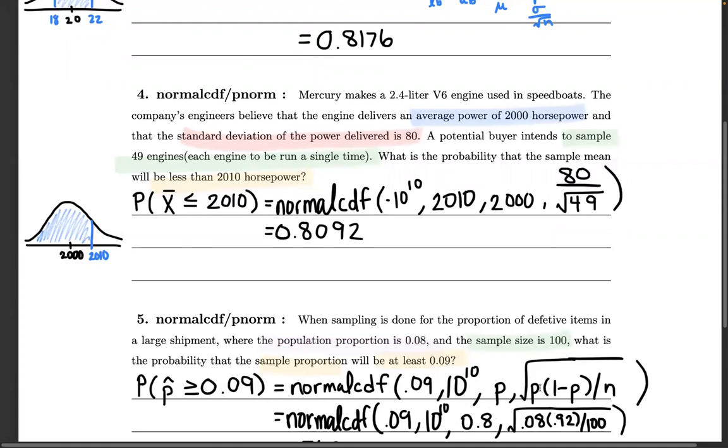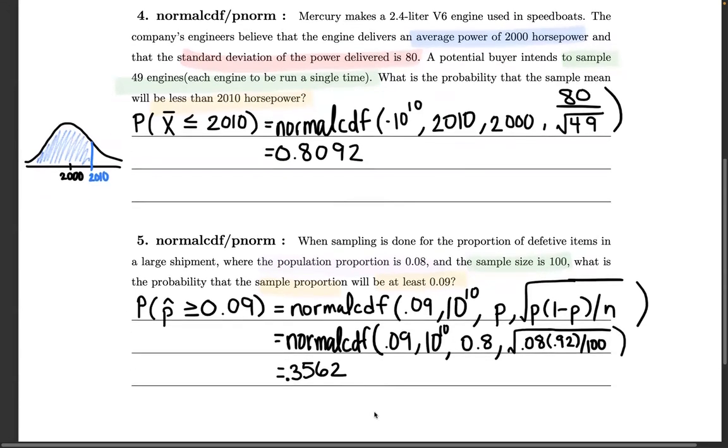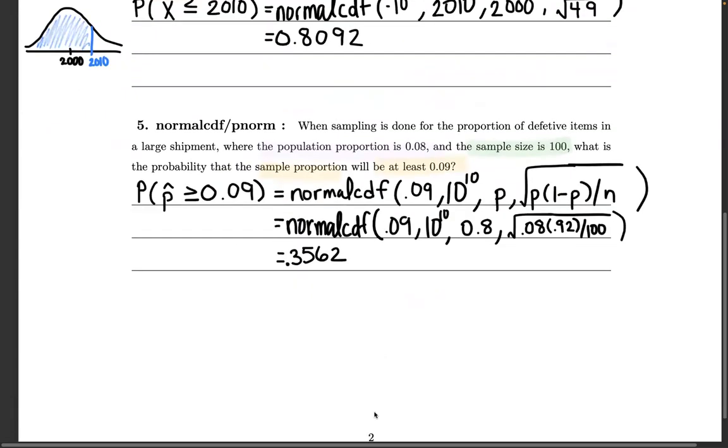And for the fourth input, we would have 0.08 times 0.92, so that's 1 minus 0.08 is 0.92, divided by the sample size, which is 100. When you put that in your calculator, you should get 0.3562. So that is the probability that the sample proportion will be at least 0.09.